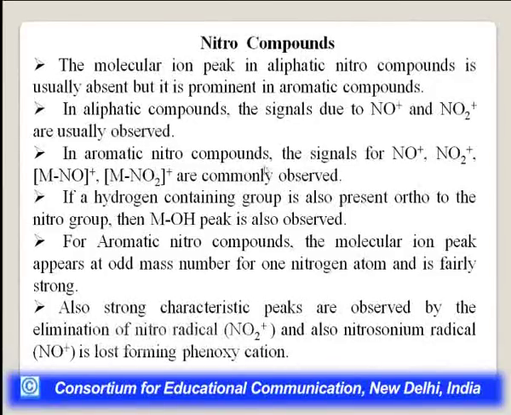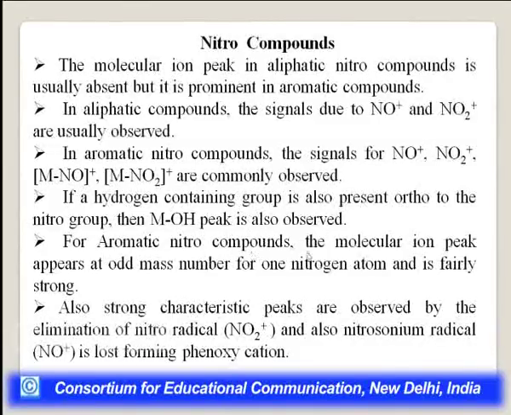In aromatic nitro compounds, the signals for the nitrosonium ion, nitronium ion, and M minus NO and M minus NO2 are commonly observed, where the molecular ion loses NO or NO2. If a hydrogen containing group is also present ortho to the nitro group, then an M minus OH peak is also observed.